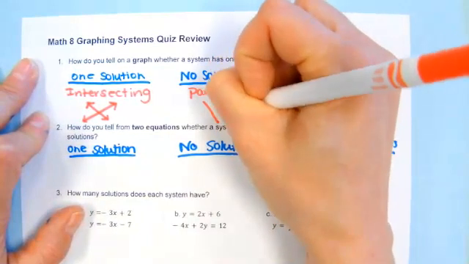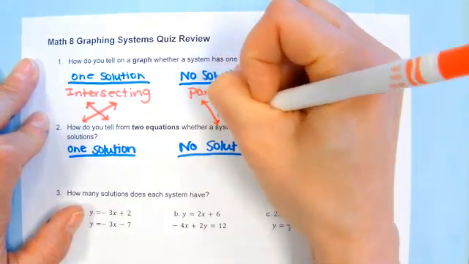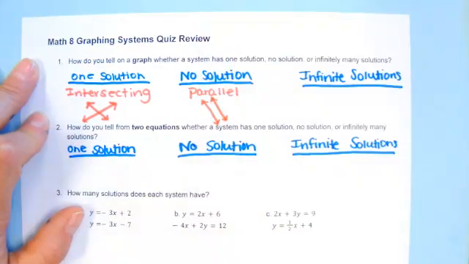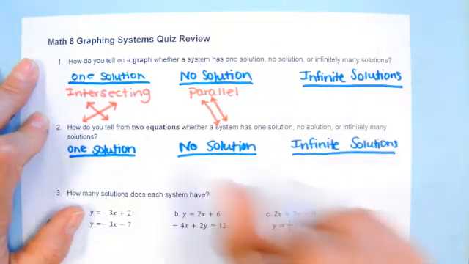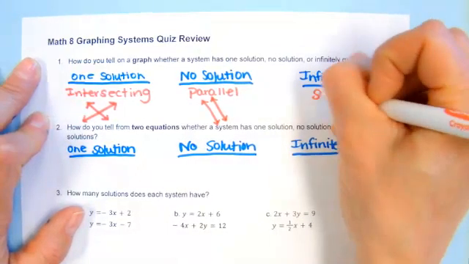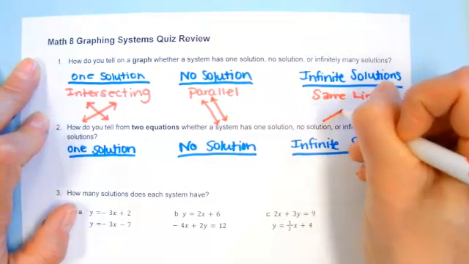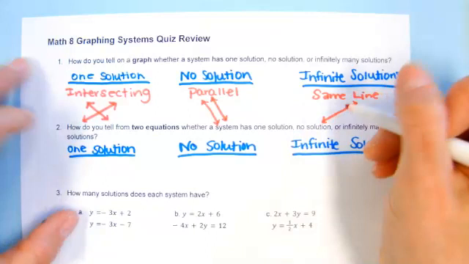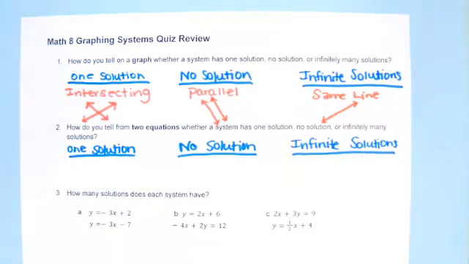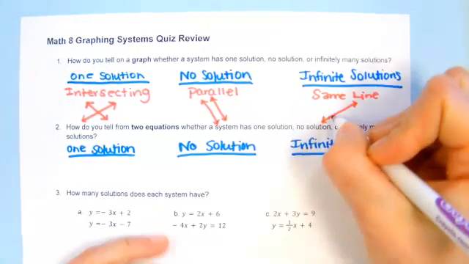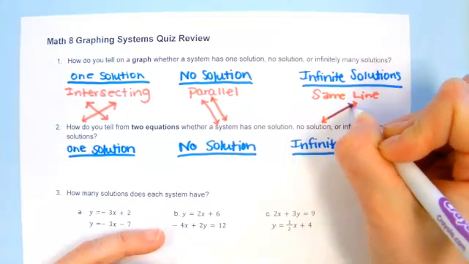The lines end up looking something like this, and they never cross. That means there's no solution. Infinite solutions is when they are the same line. There's really two lines there, but one lands and then another one is graphed and ends up landing just over top of it, on the same line.